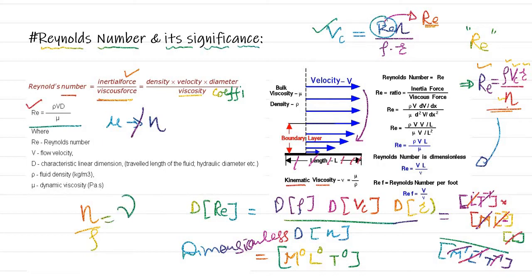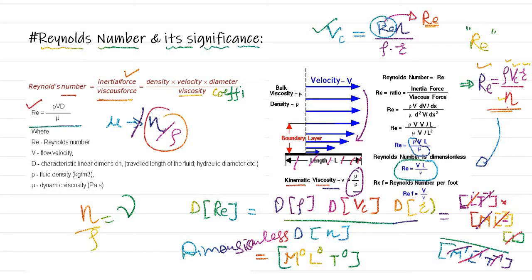Therefore, we can rewrite this Reynolds number as VL divided by nu, because length is in the numerator, and mu by rho, the kinematic viscosity, is in the denominator. So in general, the coefficient of viscosity per unit density we call the kinematic viscosity.